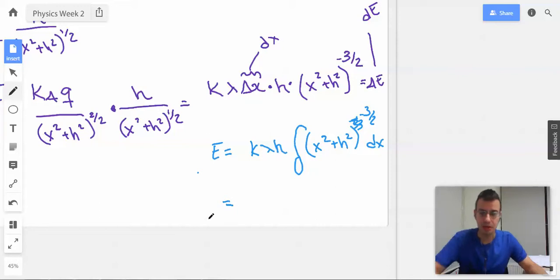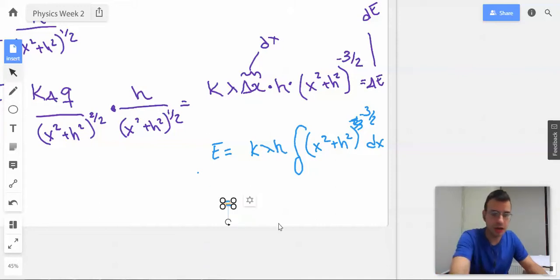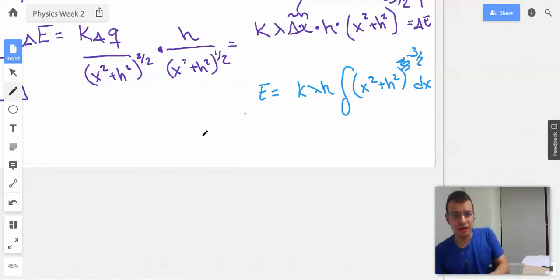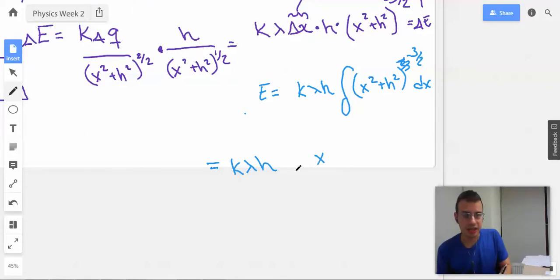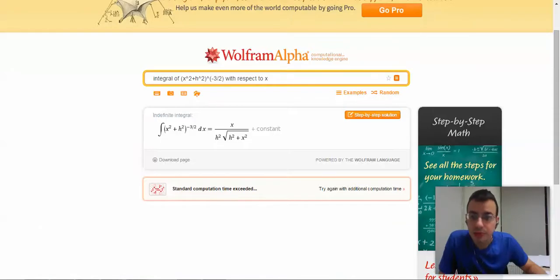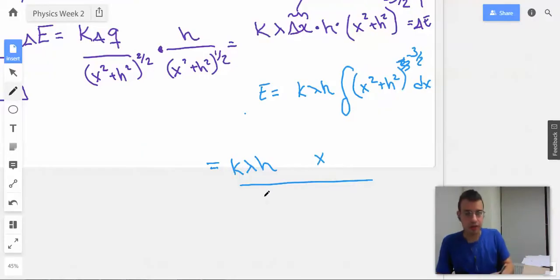I probably should figure out how to do that mathematically, but I'll do that tomorrow. I'm not going to do that tomorrow. It equals K lambda h, and it said x on top, and I think it was divided by some h squared times x squared plus h squared to the 1/2.